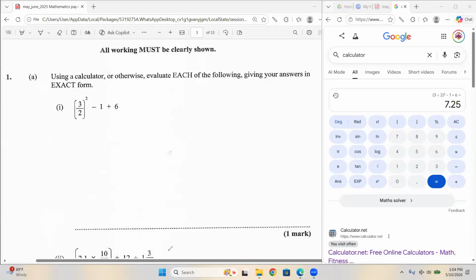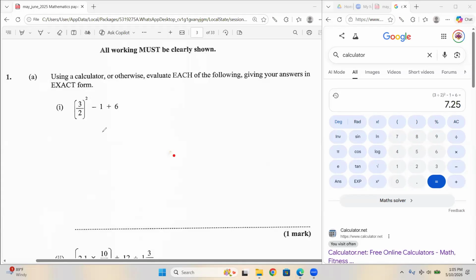All right, so that's the answer there. 7.2, no, well, 7.25 to be exact. They said to give it in exact form. Based on that, you think we need to put this answer as a fraction based on what they're saying here.